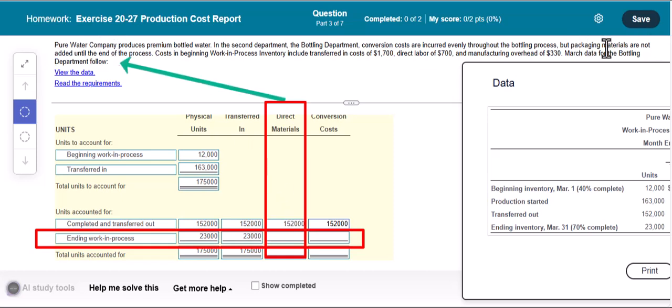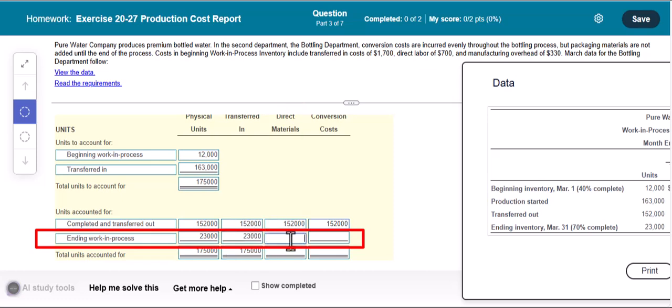So this differs from our previous problems for that reason. That means none of these units have direct materials added to them yet, because they're only added at the end of the process. So that is going to be 0, because they don't have any of the direct material costs attached to them in the bottling process.